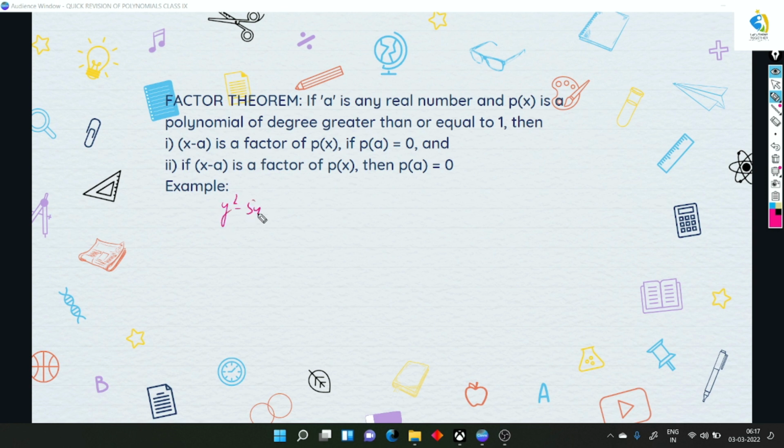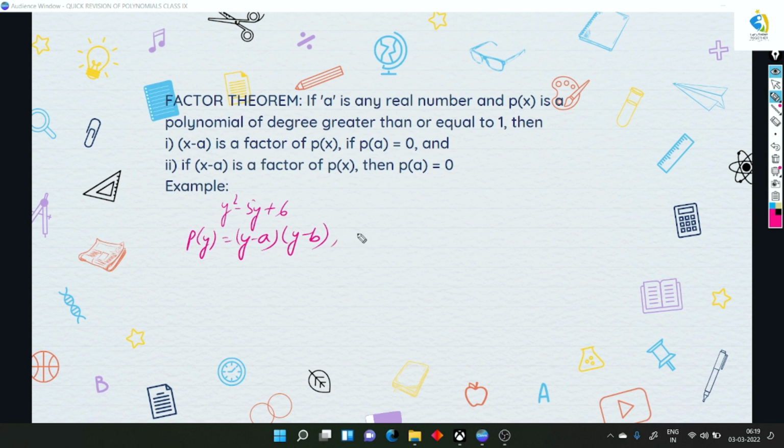Y square minus 5y plus 6. Okay, so here this is a quadratic polynomial, और ये जो quadratic polynomial है, this is of the form y minus a into y minus b. ठीक है, इसके फैक्टर्स, दो फैक्टर्स निकलेंगे which will be of the form y minus a and y minus b.